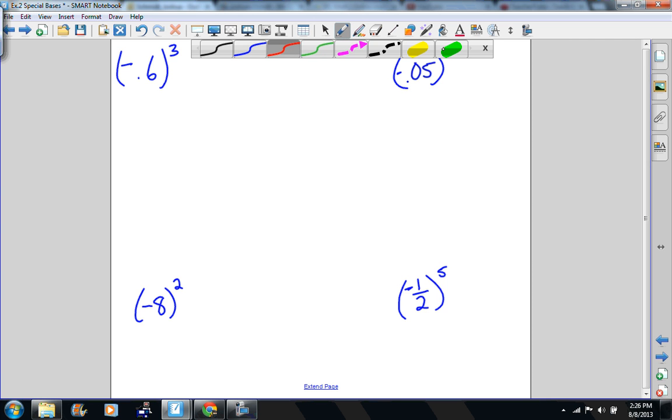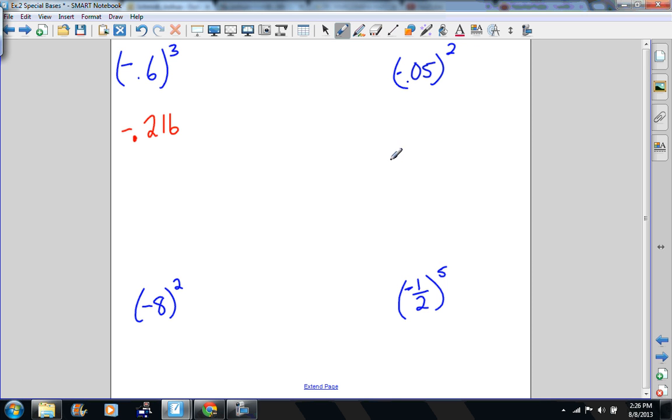So -0.6 cubed, 3 decimal places. We already know that that's 216, but it's -216. 3 decimal places, 1, 2, 3. It goes right there. -0.05 squared. Well, that negative would go away because it's squared. So we get 25, 4 decimal places, 1, 2, 3, 4.